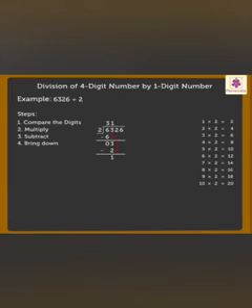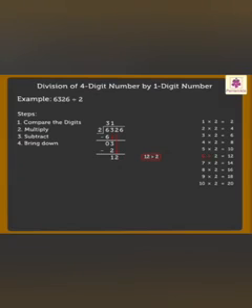Now, we bring down the next digit, that is 2. Therefore, we get the number 12. We compare 12 and 2. 12 is greater than 2, so we can divide it by 2.